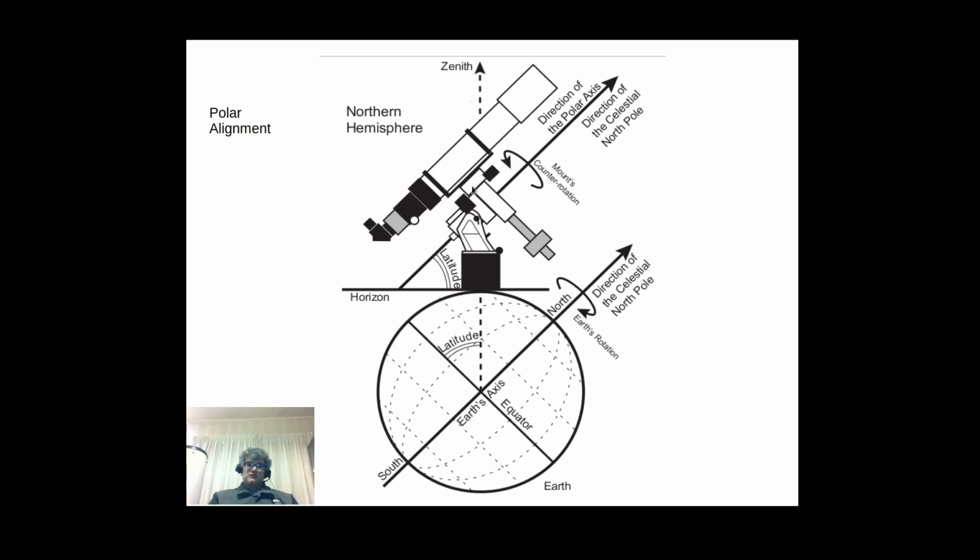So this is the northern hemisphere example. In the southern hemisphere we do the same thing, but the alignment axis will be pointing down to the South Pole. And by doing that, we've basically automatically dialed out the field rotation problem I was talking about before.